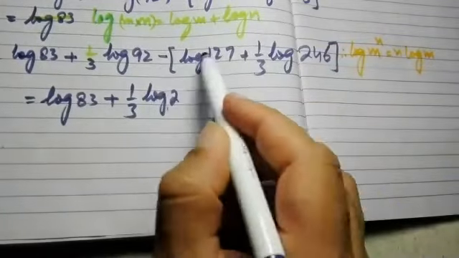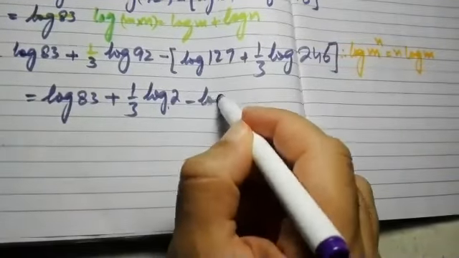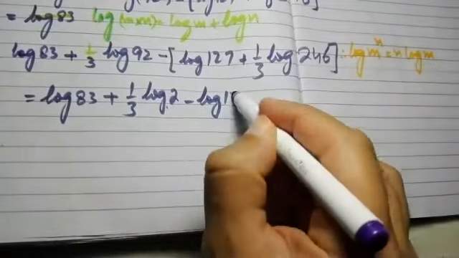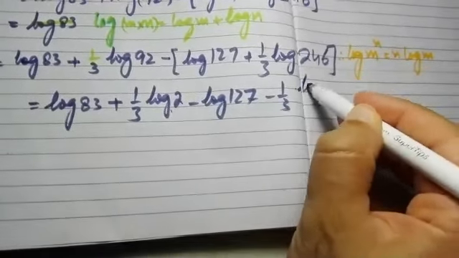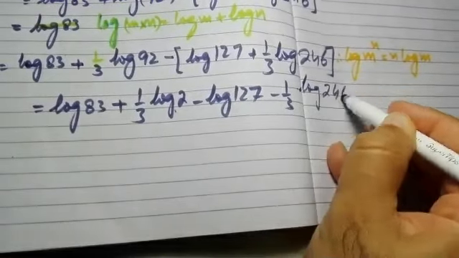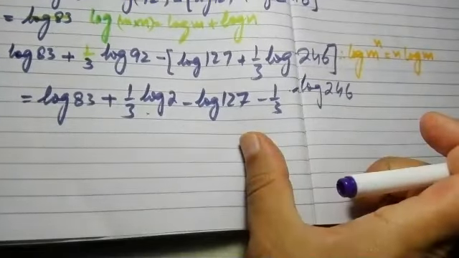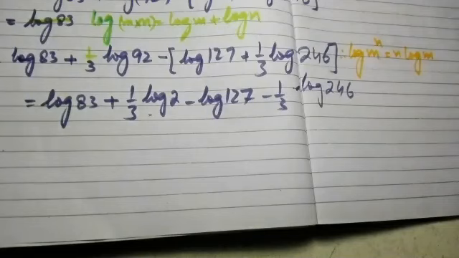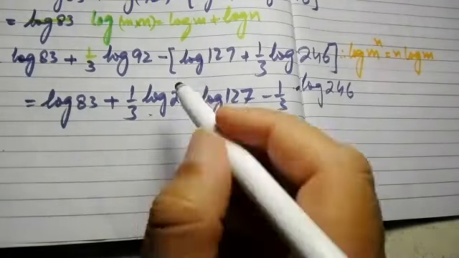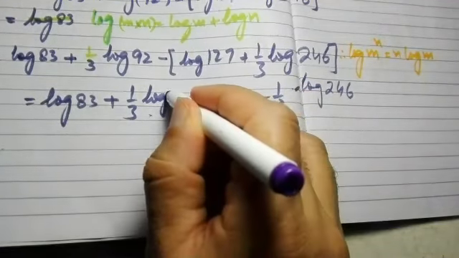Now shift this negative sign inside, it will make log 127 minus 1 by 3 log 246. Right? And now you are in a position where you can use calculators to find the log of these 4 numbers. Just a slight correction, this was 92.